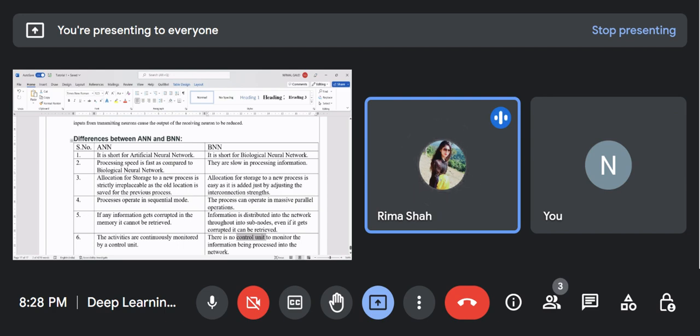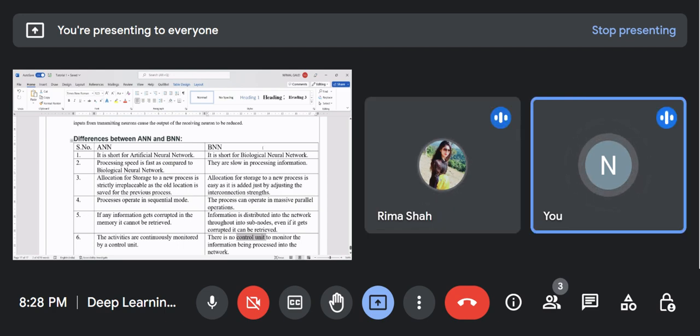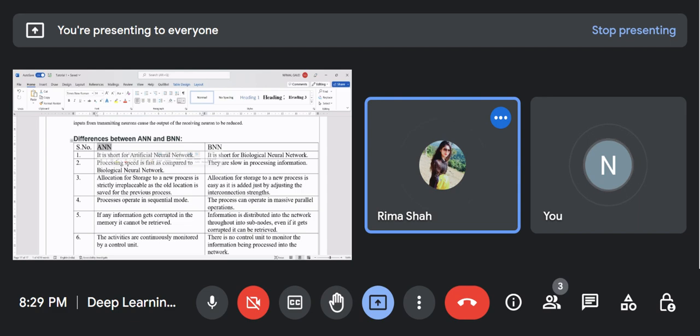ANN basically came from BNN only, that means from our brain only. This concept came from that purpose. Right now we are working on ANN, the artificial neural network, with only one hidden layer. But now we have increased the complexity of the system and included many more hidden layers, because I need to make my model learn more effectively and efficiently.